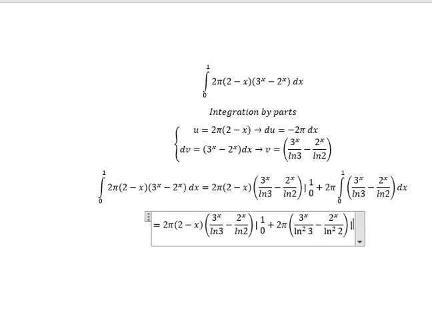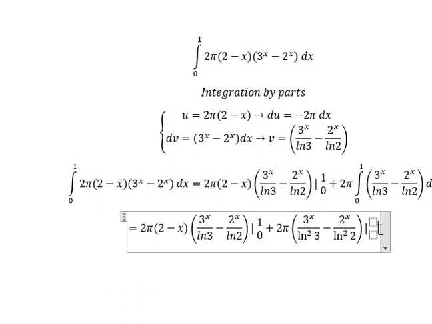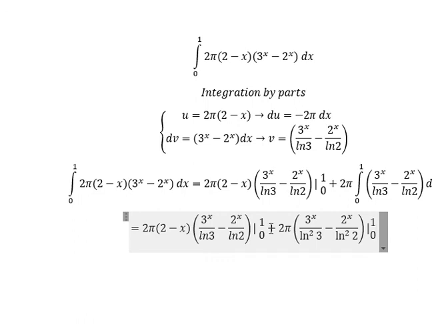Now we put the bounds from 0 to number 1. So we put number 1 and number 0 in here. So we have the final answer.